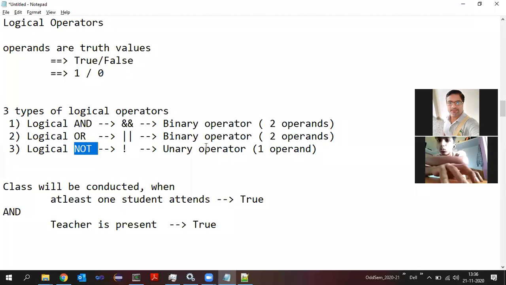Whereas not requires only 1 operand, because it is a unary operator. Understood? Always remember that the operands for logical operators are always the binary numbers, the truth values.